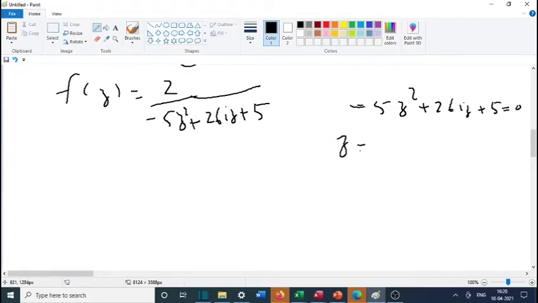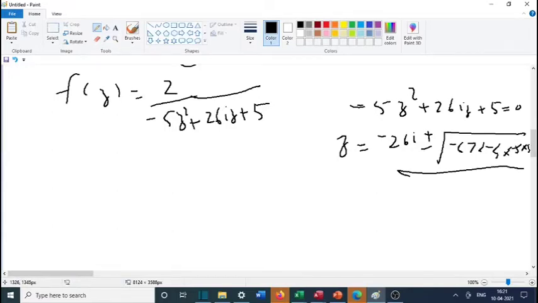For that, z equal to minus b plus or minus square root of b square minus 4ac, all divided by 2a. So b square is 26i square, which is minus 676, minus 4 into minus 5 into 5, all divided by 2 into minus 5, which is minus 10.